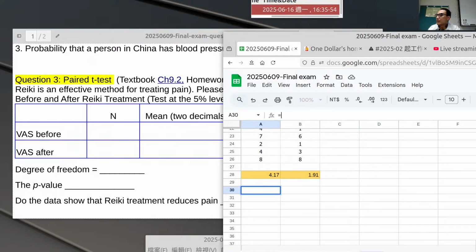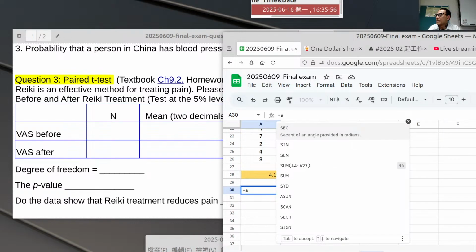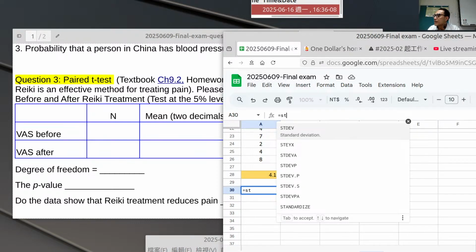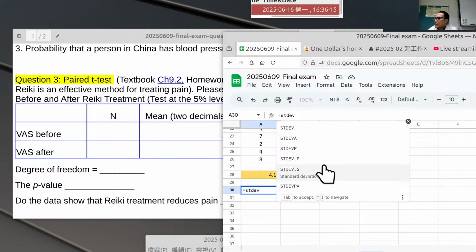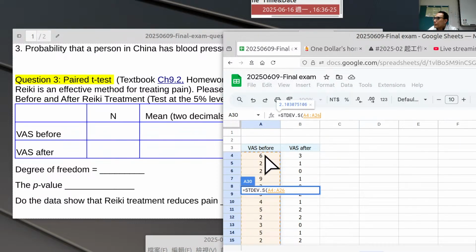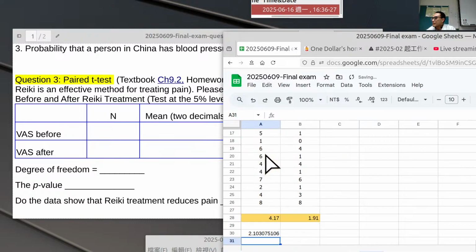And the second question, standard deviation. Click equal, STDEV, sample here, not population. A4 through A26.